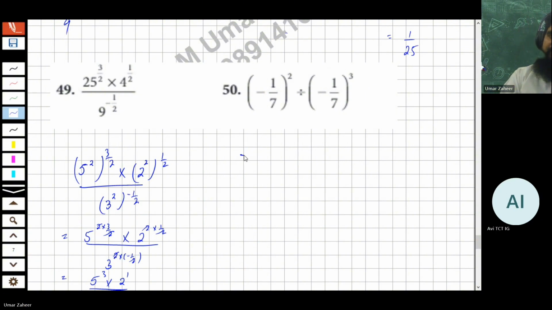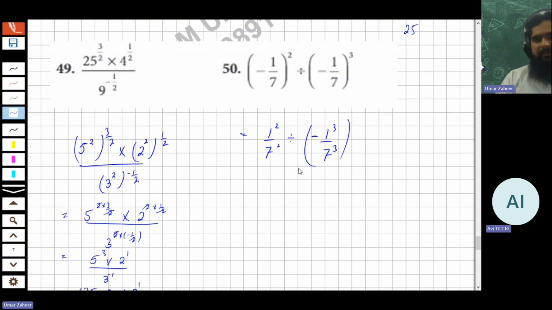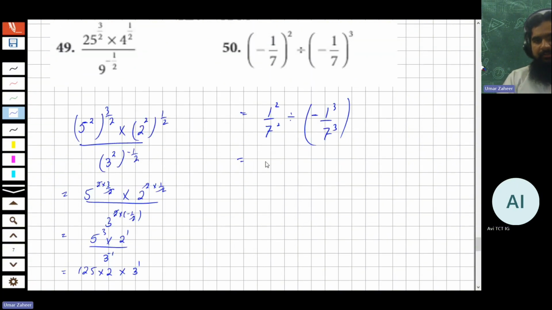Yes. So it will become plus 1 square divided by 7 square, divided by minus 1 cube divided by 7 cube, because it is an odd number. So just change the division sign into multiplication. So 1 square divided by 7 square, multiplied by 7 cube divided by 1. Obviously 1 cube will be 1.